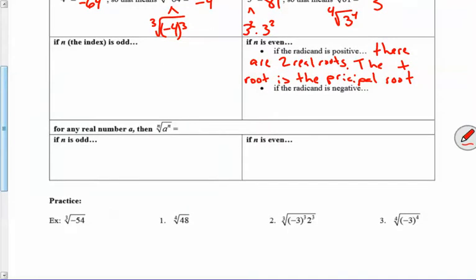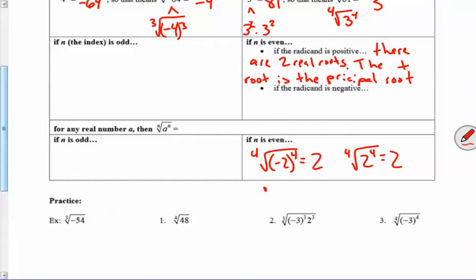We're only going to take the positive root. So if I have the fourth root of negative 2 raised to the fourth power, I get 2. If I have the fourth root of positive 2 to the fourth power, I get 2. Negative 2 to the fourth gives you 16.